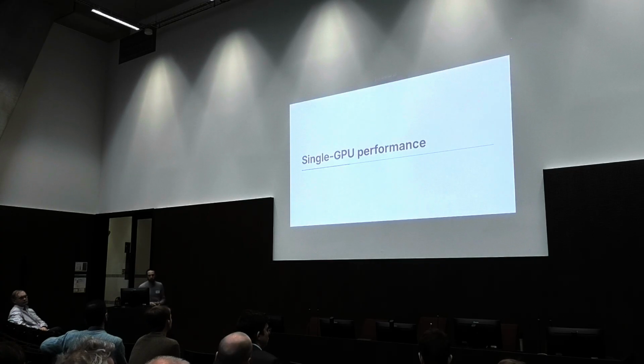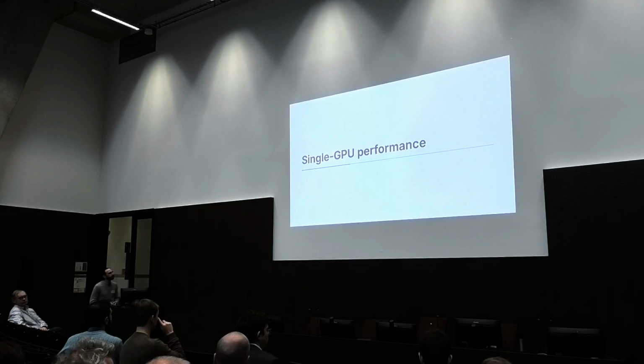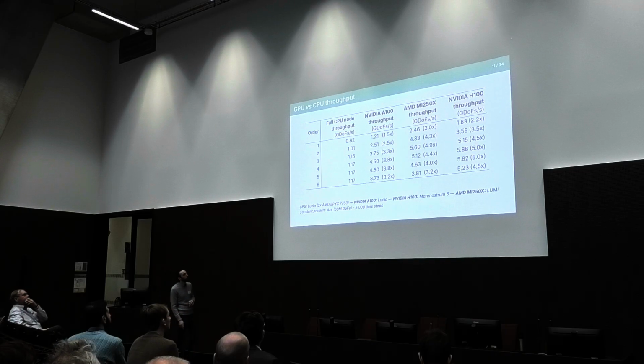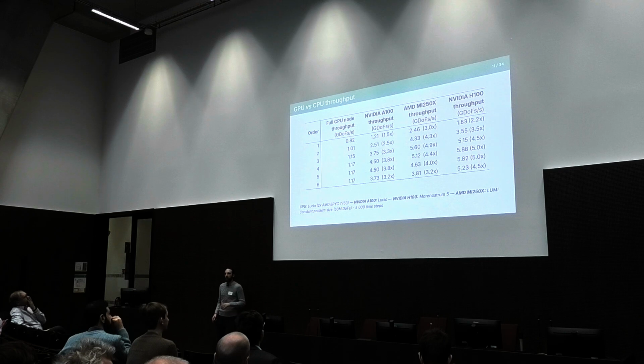If we focus on single GPU performance, this is a comparison of our solver on CPU on a full compute node of our tier 1, Lucia, which has exactly the same CPU as the one on LUMI, so you can expect the same performance on LUMI.